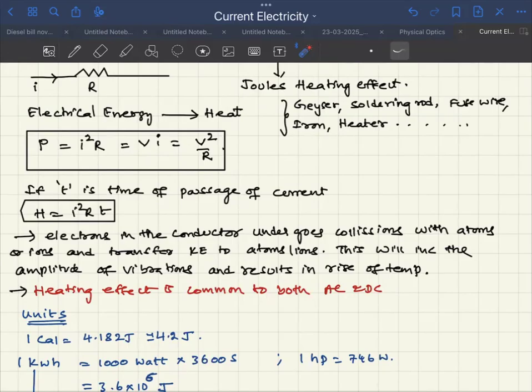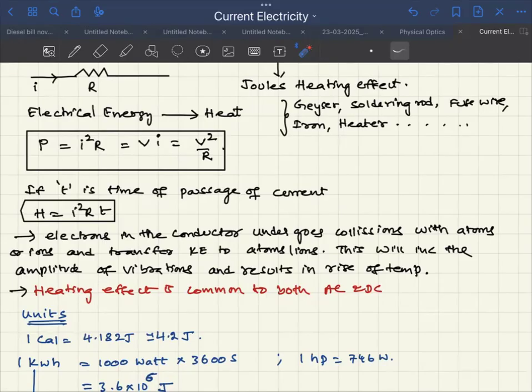But because of the collision, it moves with greater amplitudes. As it vibrates, it gives out the excess energy in the form of heat. Now, as these electrons in the conductor undergo collisions with ions, the atoms, they will transfer some energy to that ion, and that increases the amplitude of vibration of these ions.